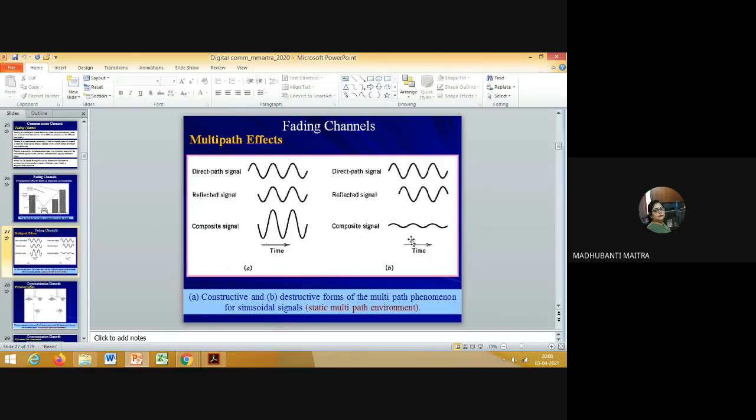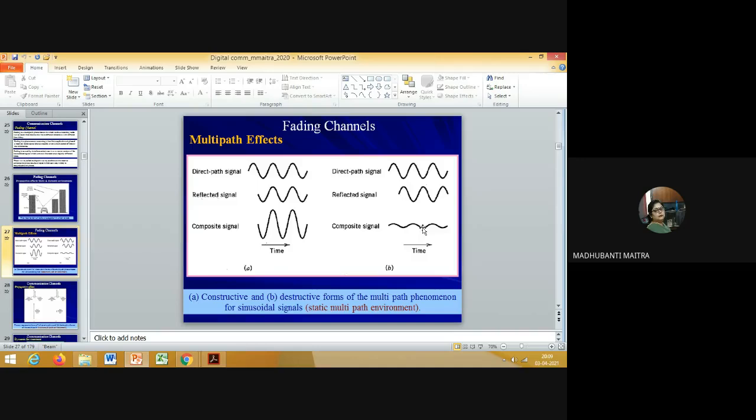So at this particular position, what will happen? The signal strength will be very, very poor. And it might so happen that complete cancellation will take place, and we will not be able to hear anything, or in other words, the receiver will not actually receive any signal.